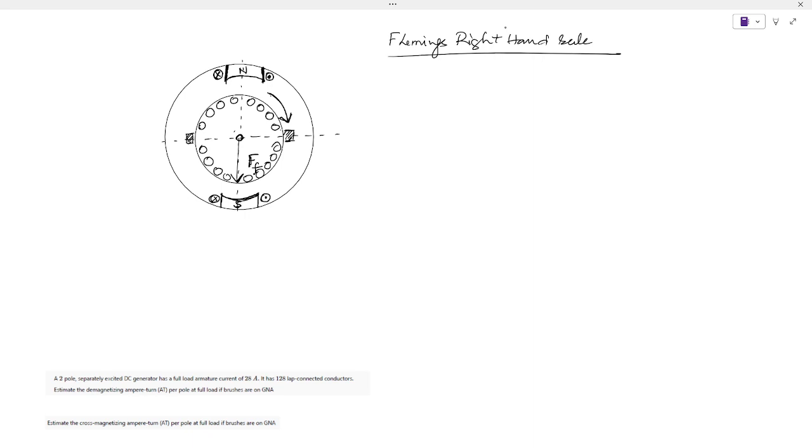Deepak, Neeraj, yes sir. Will the conductors under the influence of the north pole show dot or cross? So conductors under the N pole.